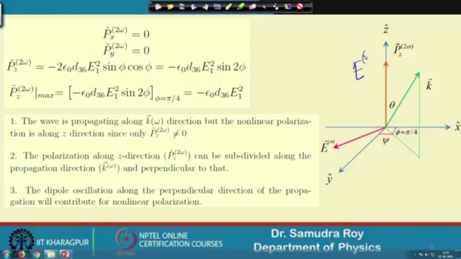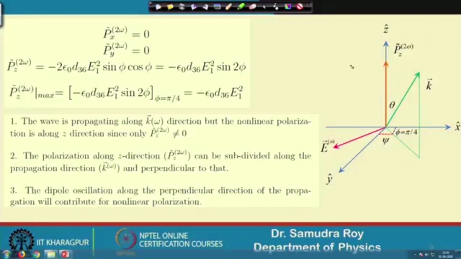So, E of 2 omega will be along this direction, and what will be this field? This is not E rather. So, this field, let me write once again.